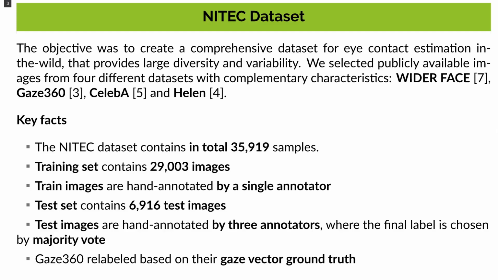For the samples in the training set, each sample is hand annotated by a single annotator, whereas for the samples in the test set, each sample is hand annotated by 3 annotators, where the final label is chosen by majority vote. This way we want to make sure that the labels are high quality.